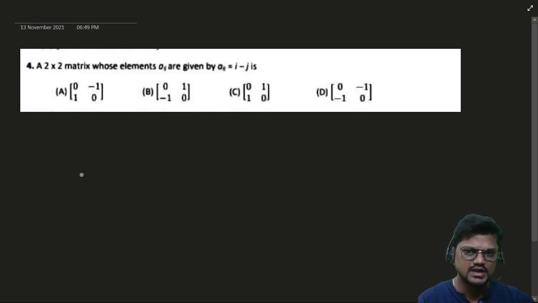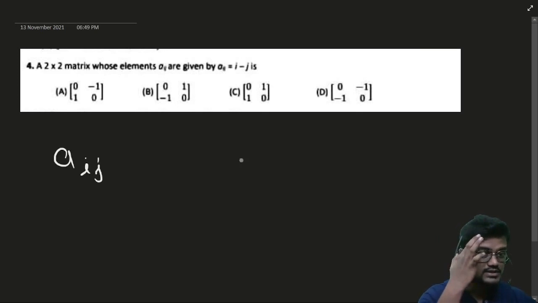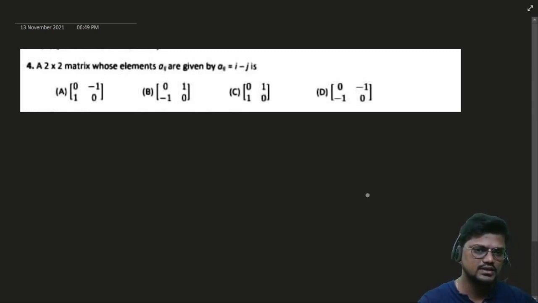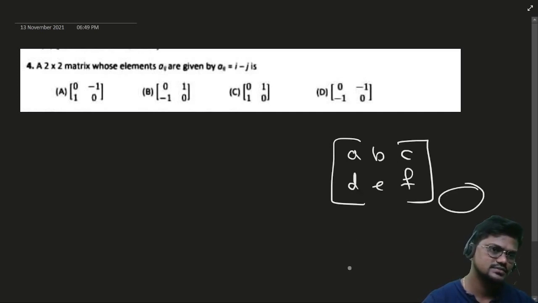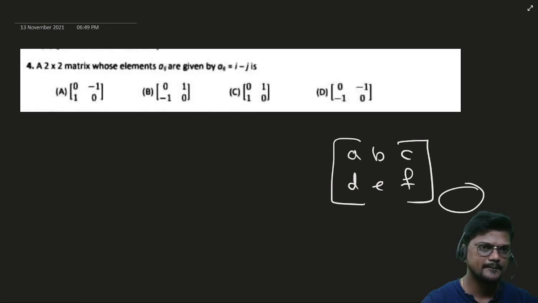What is a of ij? See, whenever we are writing a matrix, if there are elements like this, a, b, c, d, e, f, what is the order of this matrix? That's right. 2 into 3.